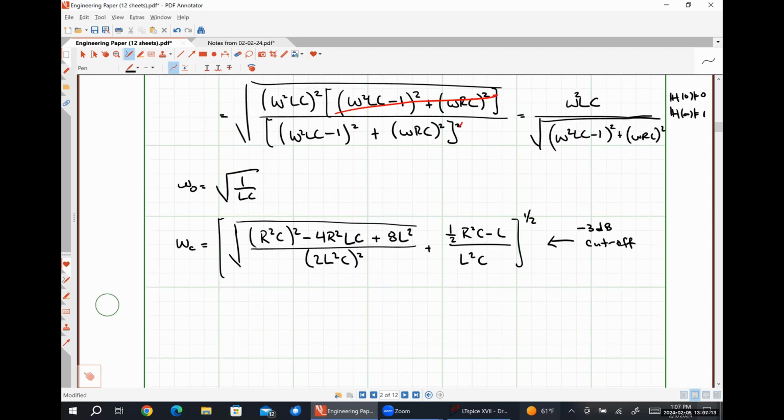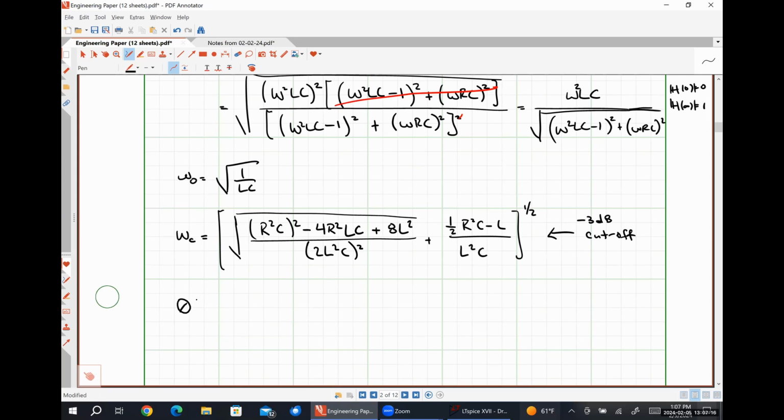And finally, our phase response looks like the inverse tangent of omega RC over omega squared LC minus 1.